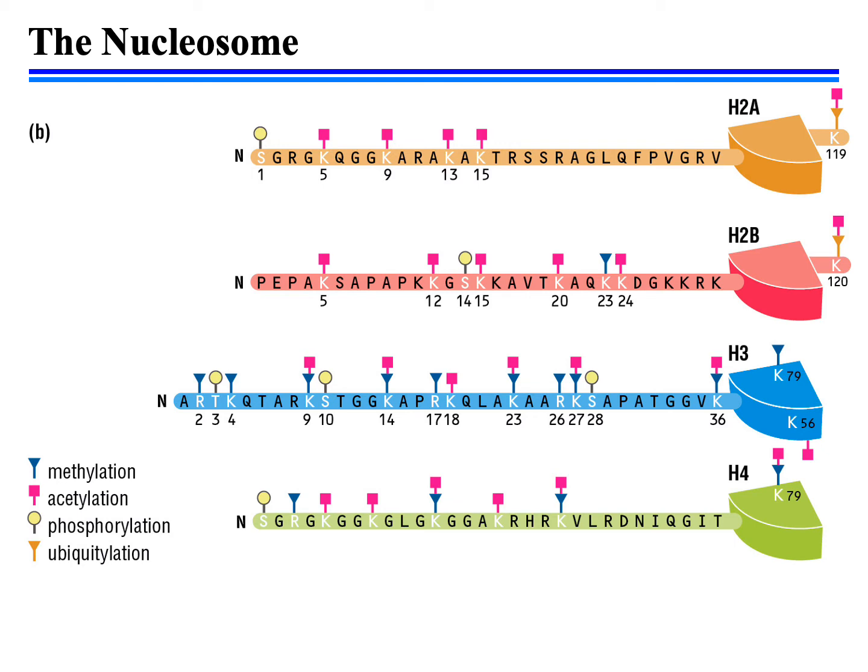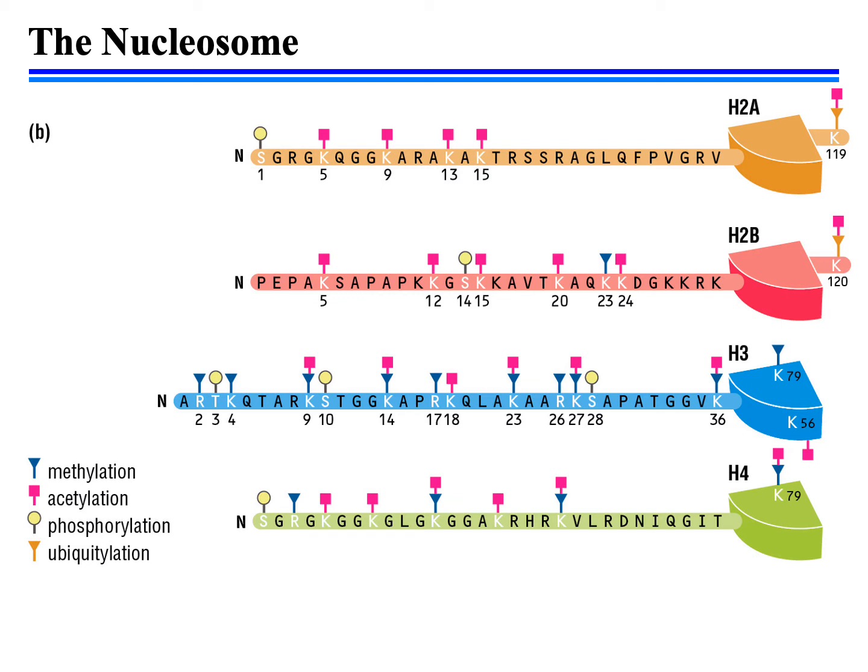Down in the bottom left-hand corner, you can see the legend that indicates the different types of modifications that can occur to each of the proteins and the specific location, that is, which amino acid that modification is actually occurring at. What we will talk about are methylation, acetylation, phosphorylation, and we will very briefly talk about ubiquitination. All right, so the main three are acetylation, methylation, and phosphorylation.